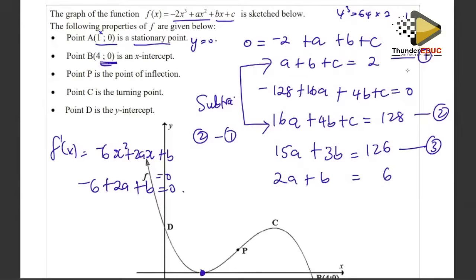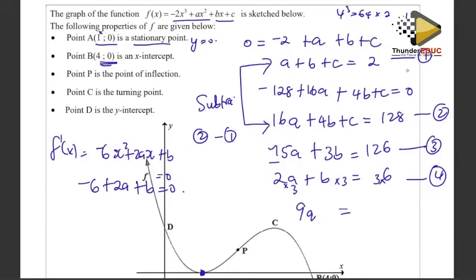I can make b the subject, or I can just solve these two simultaneously. So if I multiply by 3 here, 15 minus 6 is going to give me 9a. This will cancel out.